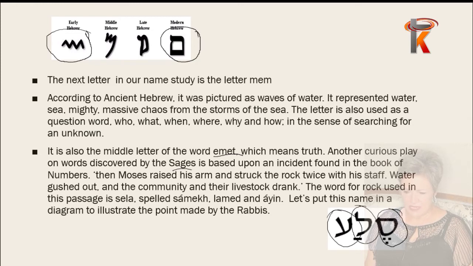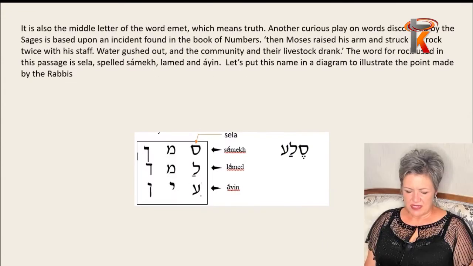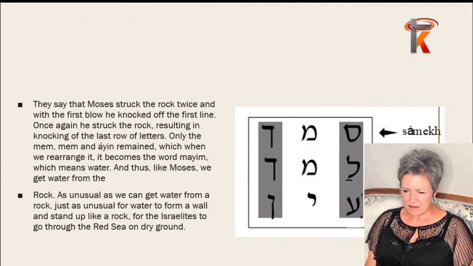Okay, and let's put this name in a diagram to illustrate the point made by the rabbis. Now, here is the word Sela, the Samech, Lamed, and Ayin. And the rabbis say that Moses struck the rock twice, and with the first blow, he knocked off the first line. Once again, he struck the rock, resulting in knocking off the last row of letters.